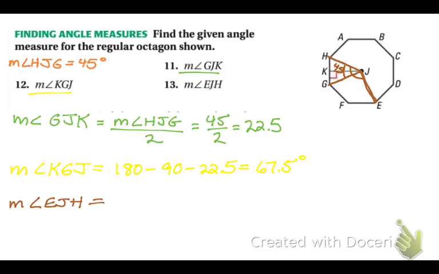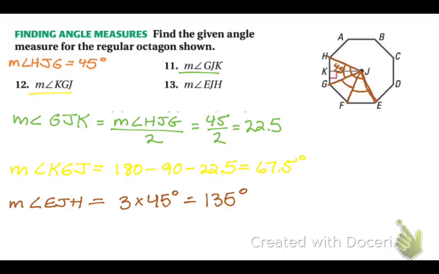So look, if we draw another radius out here, these are more of our central angles. So this guy's 45 and this guy's 45. So what EJH is, is 3 times 45 degrees, which is equal to 135 degrees.